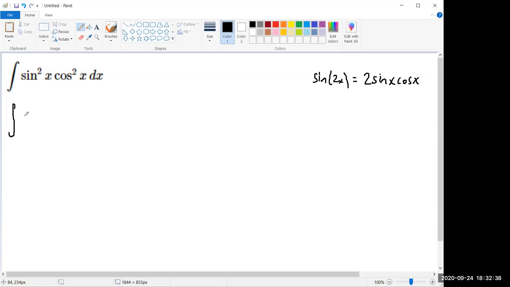So rewriting the original question, you can write it as sine of x cosine of x, the whole thing squared. And then we can substitute what I just wrote inside the parentheses because it's basically this part here, just without the 2. So let me move the 2 over. One half.